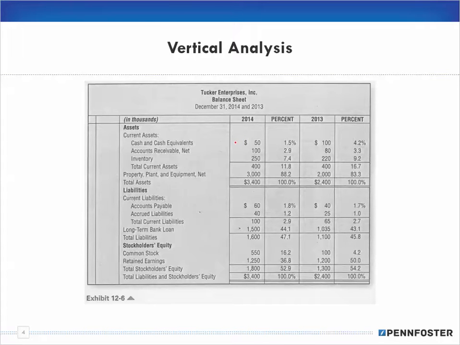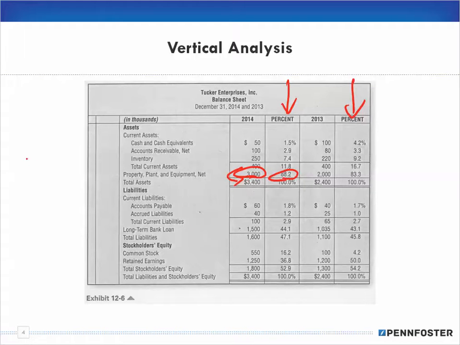By converting everything to percentages, now when you do your analysis, because you're working from the same base of percentages, it's easier for you to analyze the information. Like for example, here our property, plant, and equipment is 88.2%, and that was 3,000 out of my $3,400.